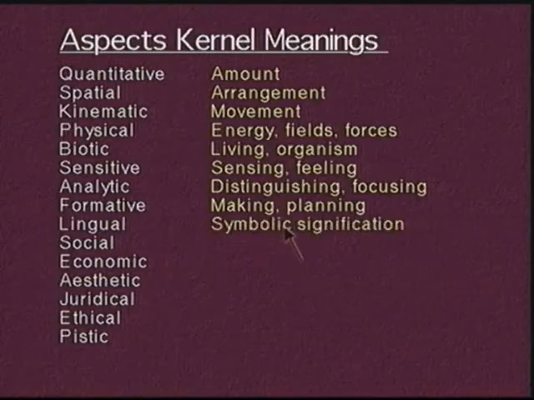The lingual aspect is that of symbolic signification, that is, conveying meaning by symbols, whether it's text or speech or movement or gestures or boundary stones. These are all lingual, intending to convey meaning to others or to oneself later on, and making notes to oneself.